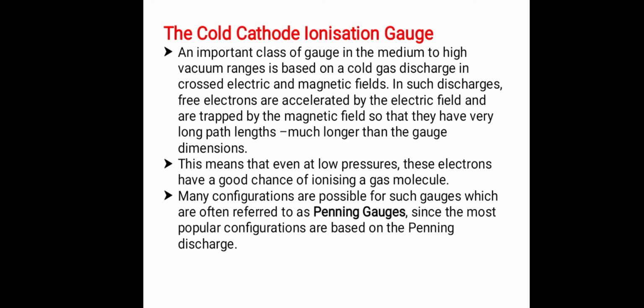Now see here, in such discharges free electrons are accelerated by the electric field and are trapped by the magnetic field, so that they have very long paths, much longer than the gauge dimension.